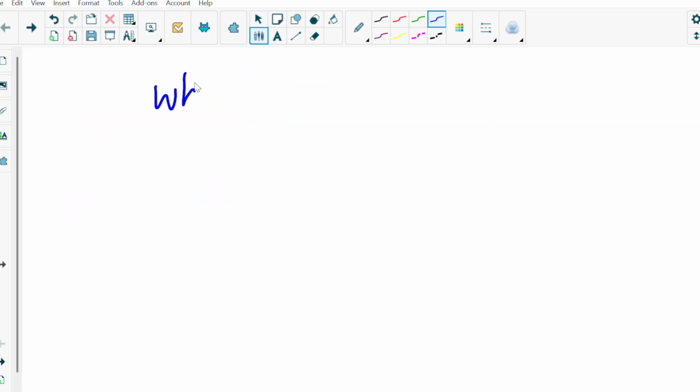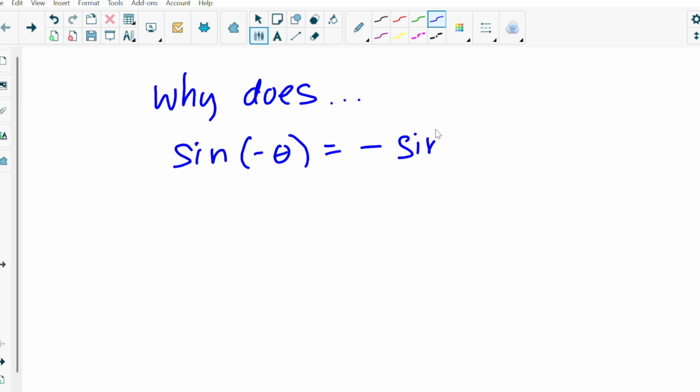Let's look at why sine of negative theta equals negative sine of theta. Well, if I look at it from a transformation standpoint, I know that's the b value that I'm adjusting, right?